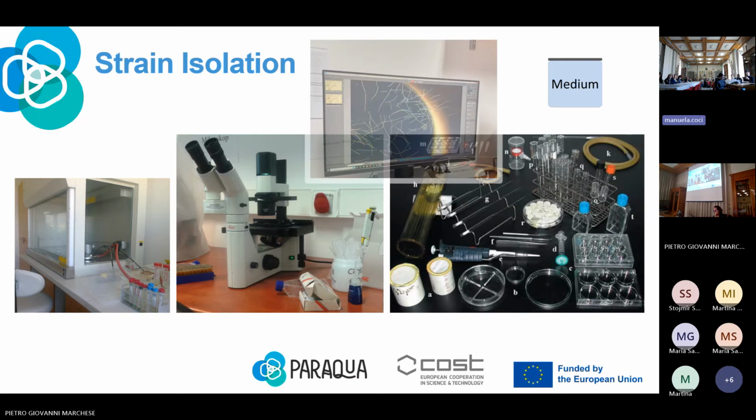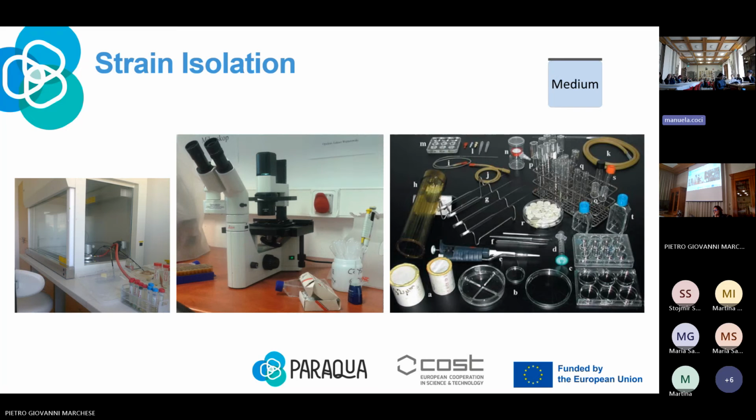Here you can see the basic equipment we need. We should work under sterile conditions, under the laminar airflow cabinet, which is the best. If we have a big one, we can mount the inverted microscope inside and make the process more sterile, and it depends on our demands and purposes.